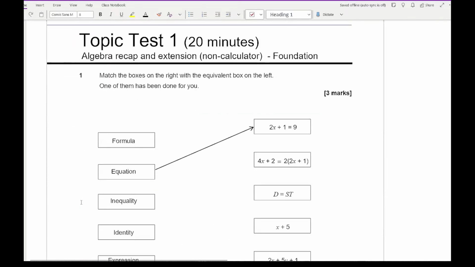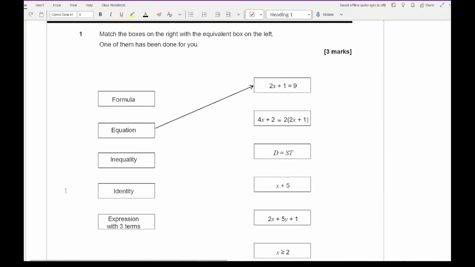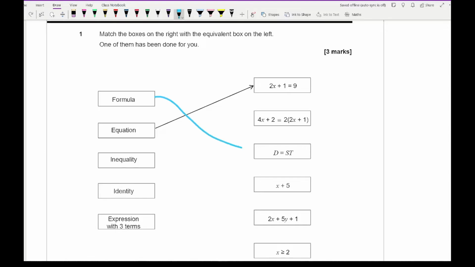Now, the first question says match the boxes on the right with the equivalent box on the left. One of them has been done for you. So for this, what we need to do is establish which of these is a formula, which of these is an inequality, which of these is an identity, and which is an expression with three terms. So a formula is basically where you've got more than one letter and an equal sign. So that one is going to be this one here.